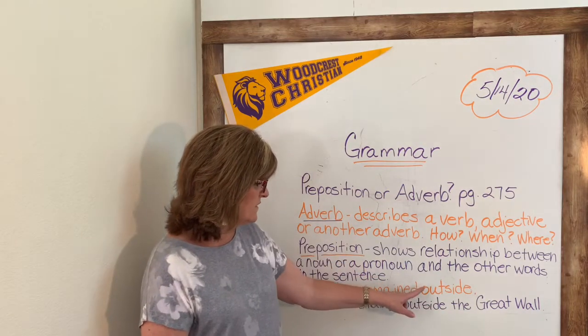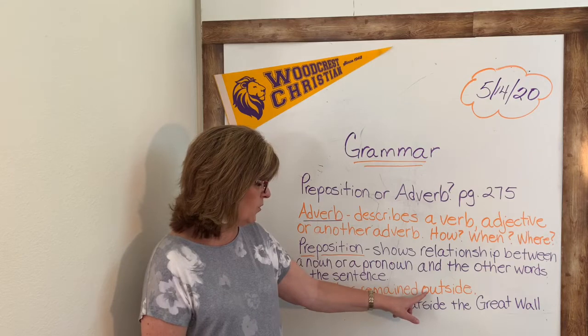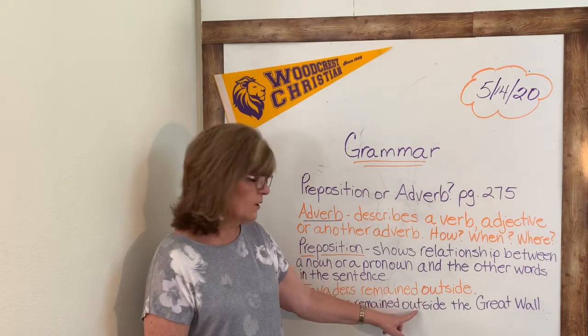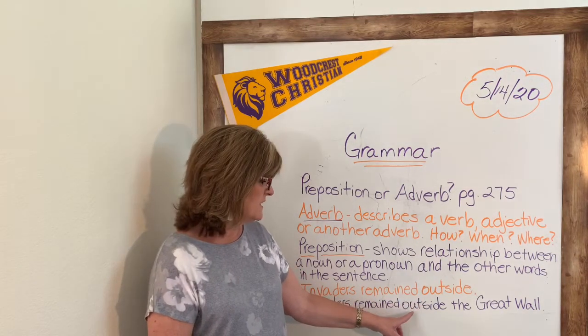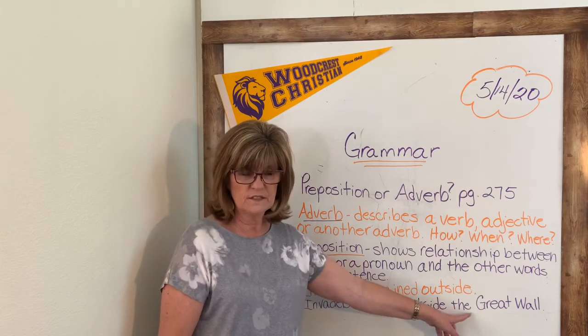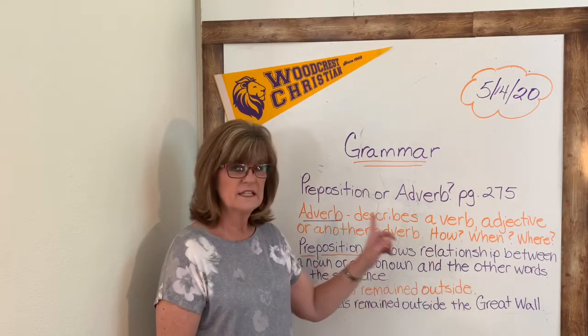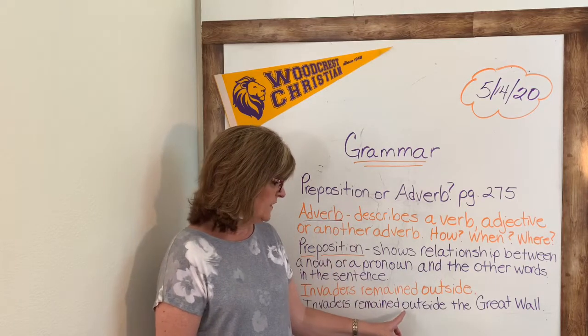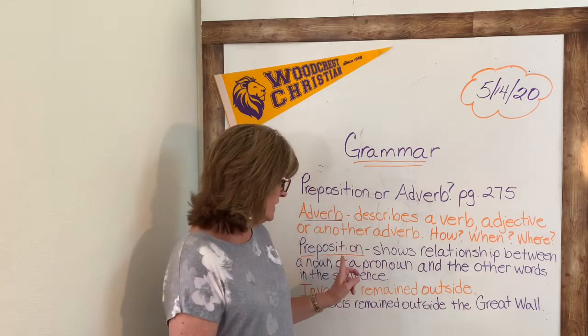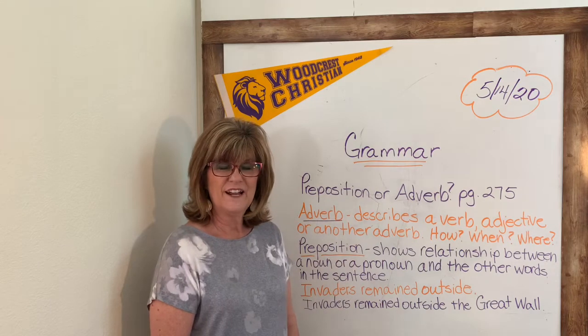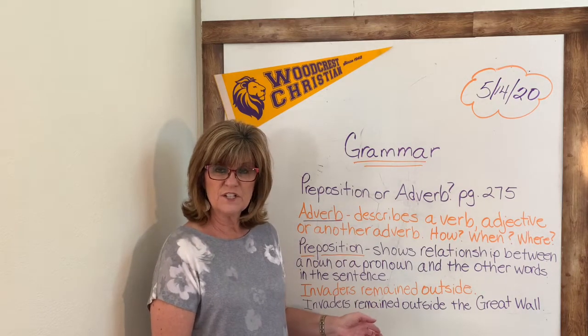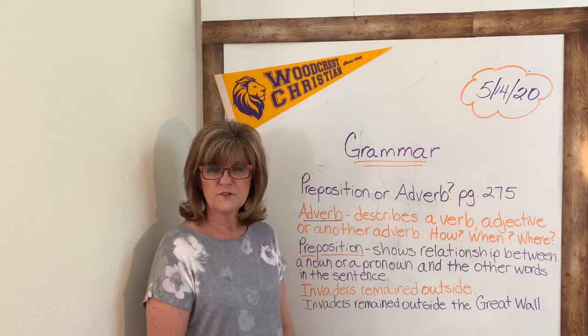So the way to tell the difference between a word being used as an adverb or a preposition is to see if there is an object for the preposition. If there is no object, then it's an adverb. If it has an object, then it's a preposition.